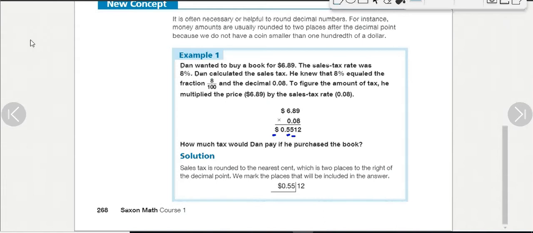My multiplication came to 5512 after the decimal, so we want to make it so it's only 2 spots here. Do you remember what we look at to decide how this will round? We're rounding to 2 places, so the first number doesn't change. It's this last number here that could go up or down.